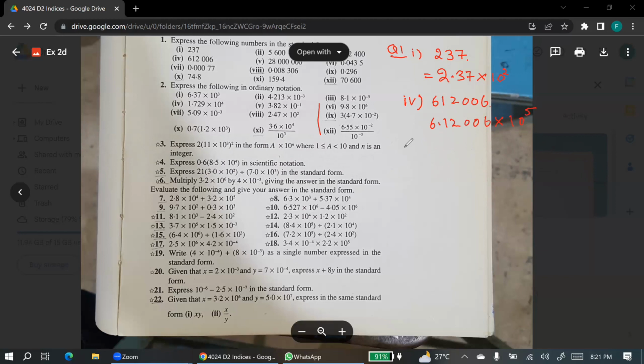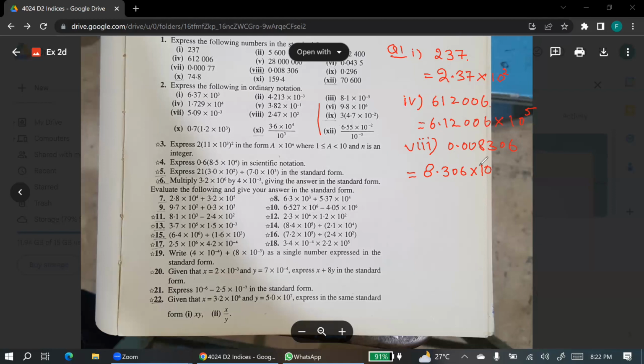Now part number 8. 0.008306. Now we will move the decimal point after the first digit. 8.306. Now the new number is greater or smaller? Greater.